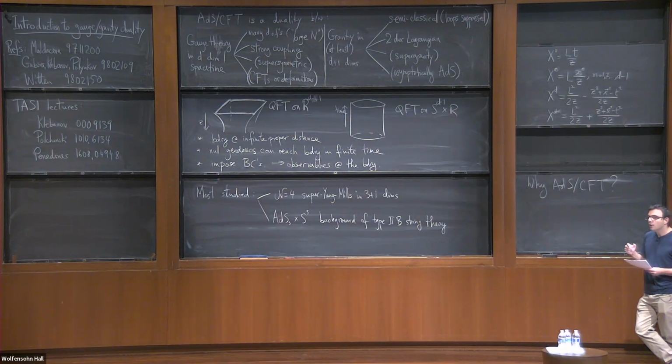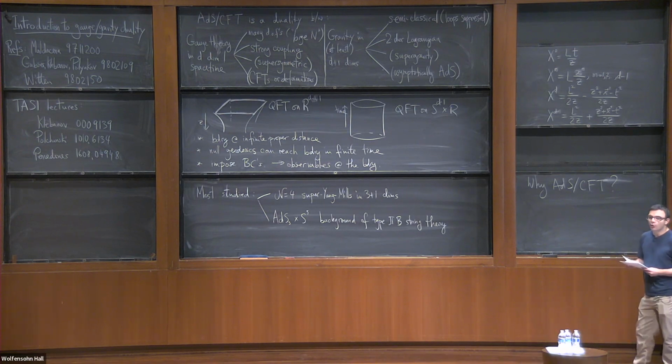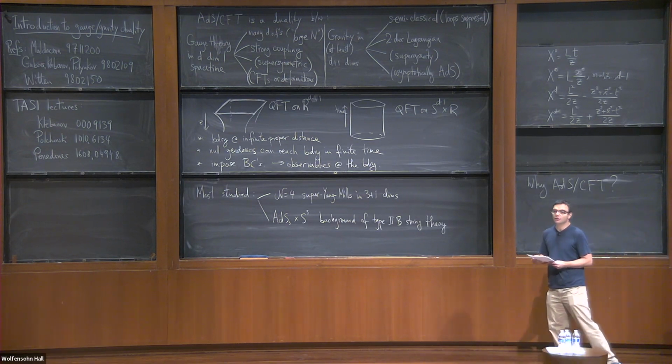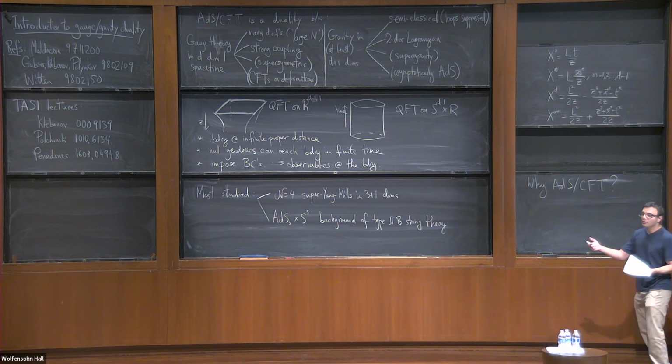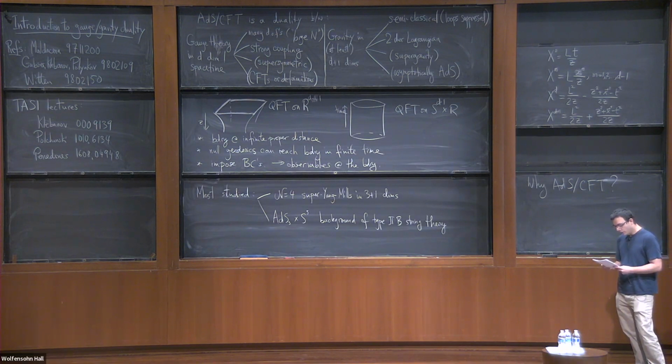We could also study, within a given theory that could be conformal and supersymmetric, states that break conformal symmetry or supersymmetry. And maybe the properties of those states would not rely so heavily on conformal symmetry and supersymmetry.